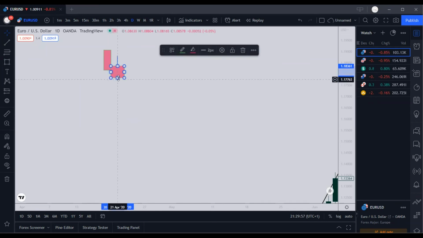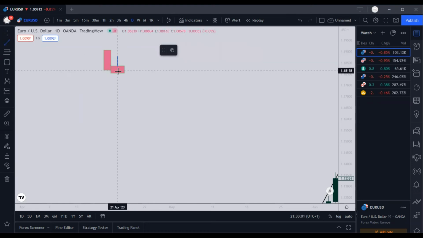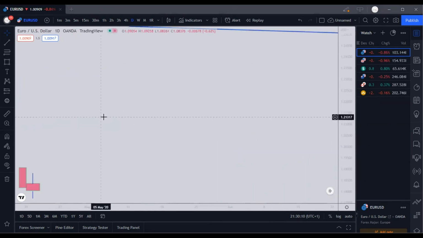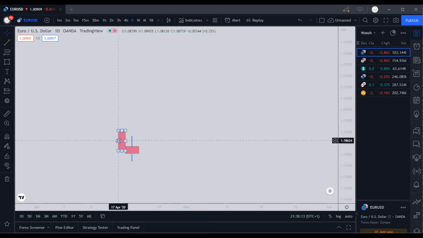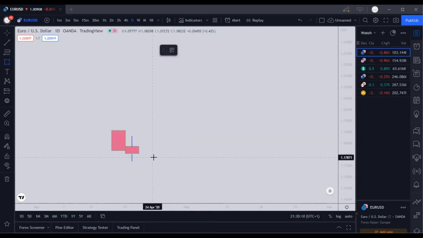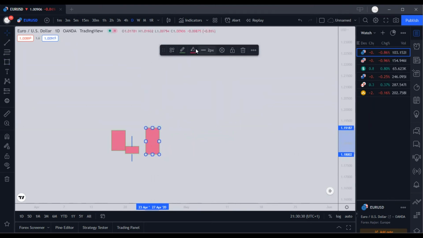Or indecision, something even like this, either with a wick or not a wick, it can be anyhow. Then you've seen this one too, something like this. We still have 10 minutes. Maybe we may not end this lesson before this one ends, but I'm going to be fast with it so that we finish everything at once.